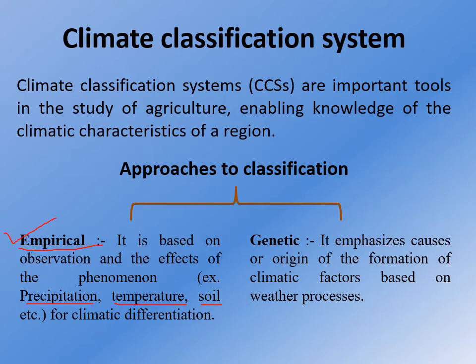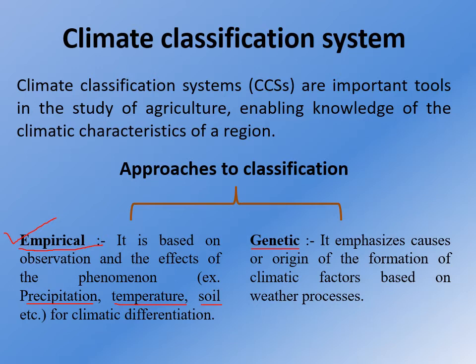The second type of approach to climatic classification is known as the genetic approach. In this type, basically we are trying to study the causes behind the climatic types.